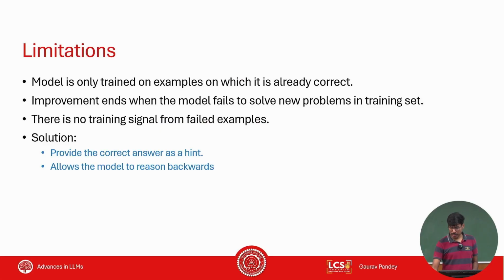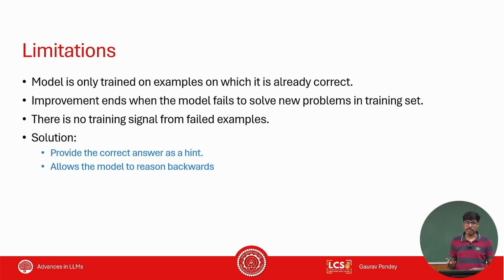Okay, so now the issue here is that we're training the model only on examples on which the model already knows the answer. So it might happen that out of 10 generated solutions, only one is correct, but the model at least knows the answer, right? So if the model fails to solve new problems, the training will saturate.